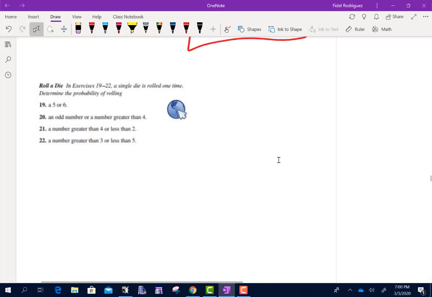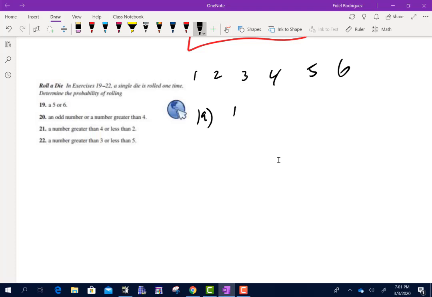All right. So we got a few more to do here. Let's try these out. It says in exercises 19 through 22, a single die is rolled one time. So guys, when we roll a die, remember the choices we're going to have are 1, 2, 3, 4, 5, and 6. Number 19: what's the probability we're going to get a 5 or a 6?